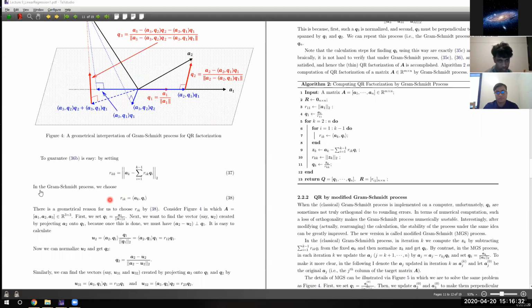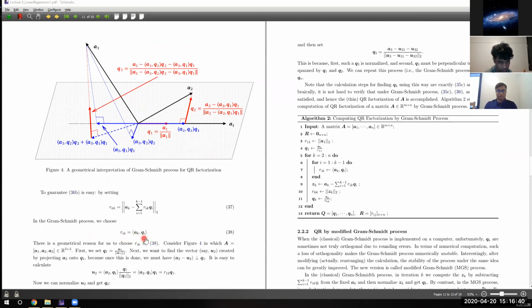Also here in the Gram-Schmidt method, we actually chose this R_IK to be A_K inner product with Q_I. See, the same. For example, suppose your I equals 1 and your K equals whatever. Then what you are doing is exactly this.